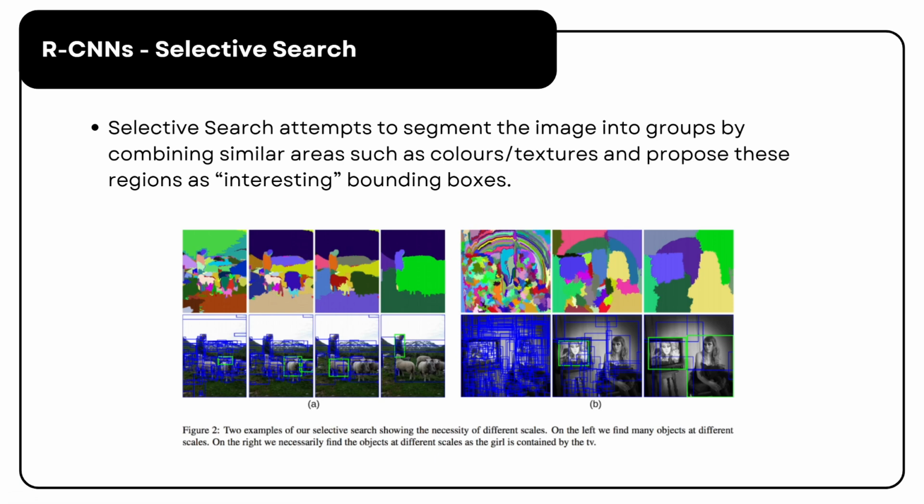Let's now focus on a key part of how RCNNs work: the process of generating region proposals using an algorithm called selective search. Remember, one of the biggest challenges in object detection is figuring out where in the image to look for objects.